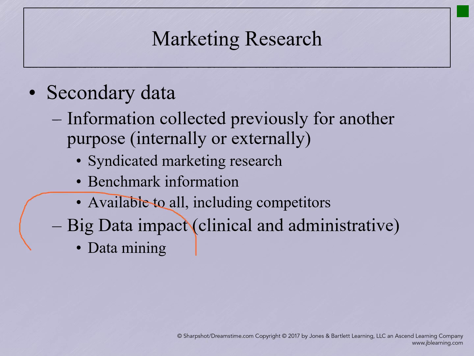And certainly big data is a big part of that in data mining. And it can be something as simple as the census. It could be something as simple as a community needs assessment that's part of our way to defend our tax exempt status. And so there are a lot of different sources. It can be stuff that's out there from the Chamber of Commerce. So there's all kinds of secondary data that we can use as well.